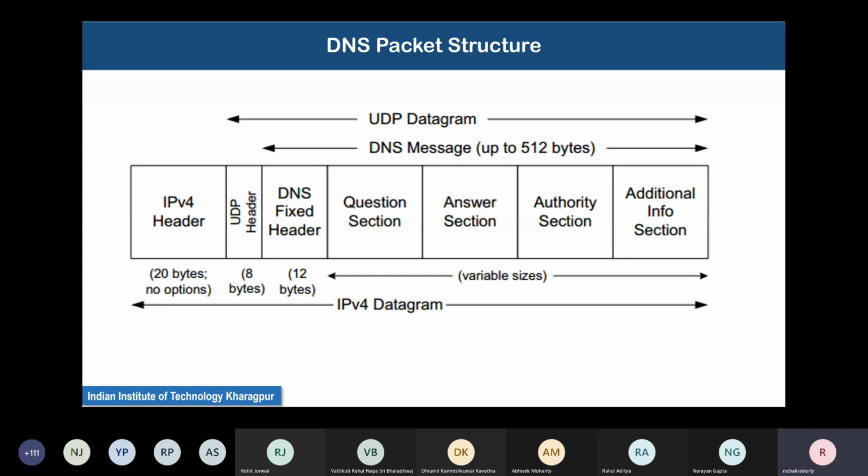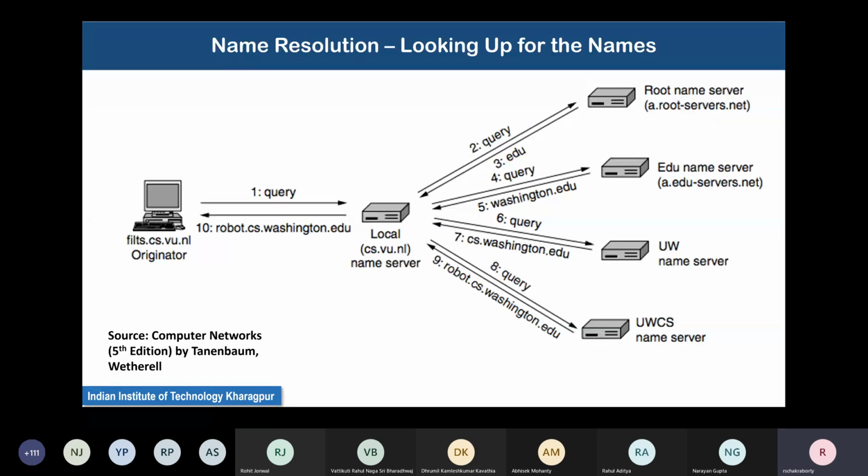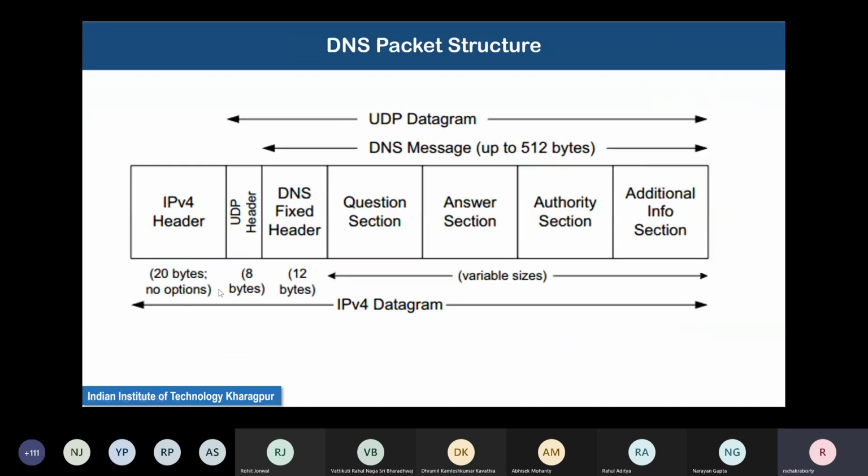The answers to this query is probably not the correct word. What we will look at is the DNS databases at these different servers, which is returned in the form of answers to the queries. The queries and the answers themselves are in the form of DNS packets.